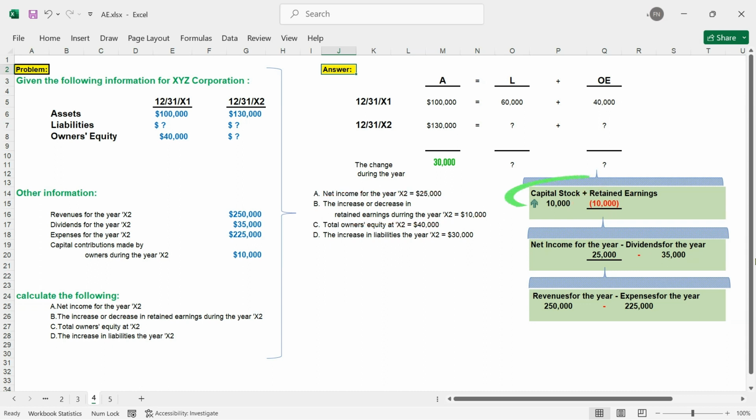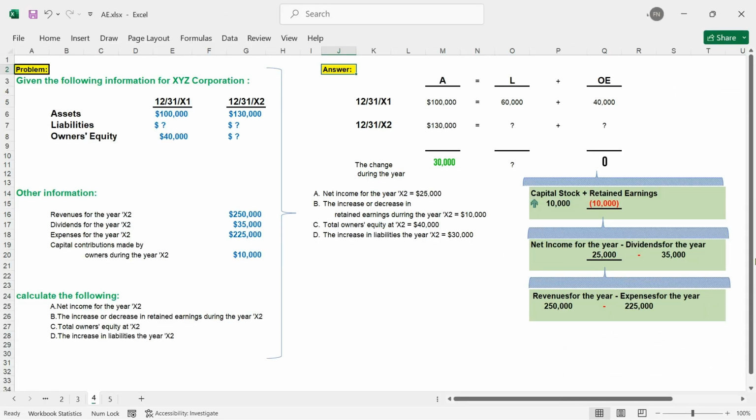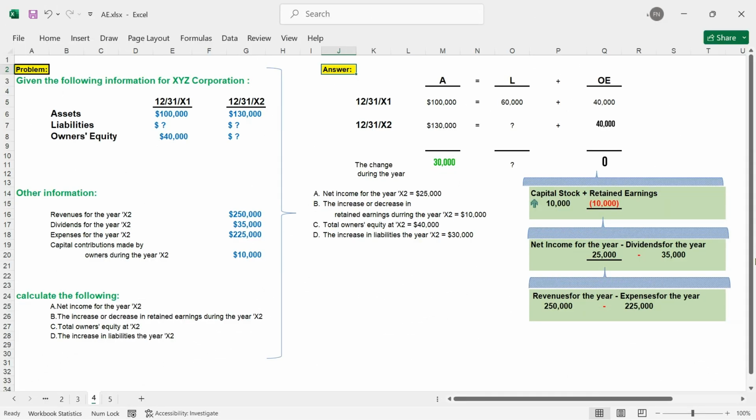If retained earnings went down by $10,000 and owners made capital contributions of $10,000, and those are the only two things that can contribute to a change in owner's equity, the change in owner's equity must have been zero. If the change in owner's equity was zero, and owner's equity started at $40,000 at the beginning of the year, what must be the ending balance? If there was no change, the balance at the end of the year for owner's equity must be $40,000.